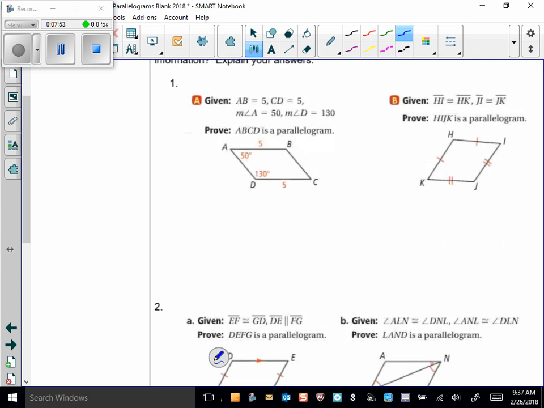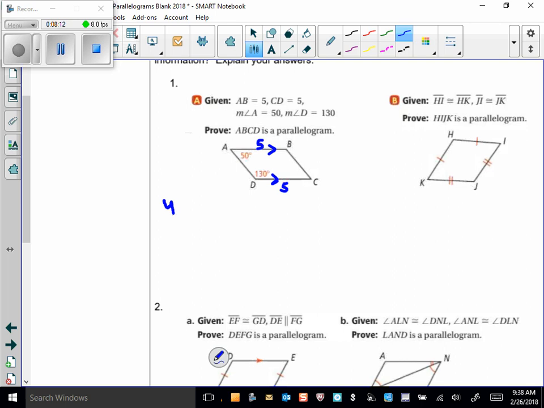Well, let's see. What do I have? I got 5 and 5. Okay, I would need to know both sets of opposite sides are congruent. And let's see. I got 50. Oh, look. This tells me these are parallel. They're parallel by the consecutive interior angles converse.